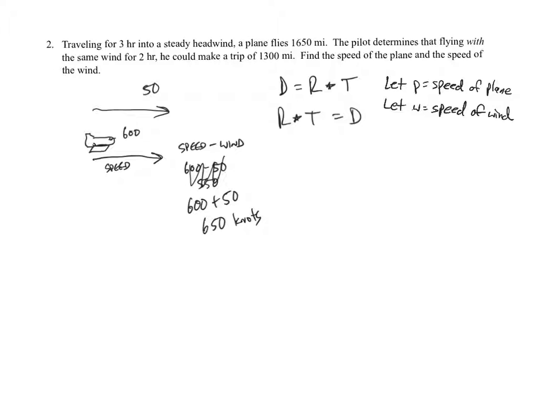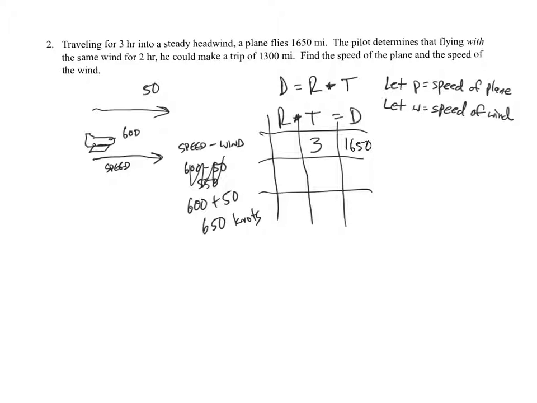So the way you would set this up is, rate times time equals distance, and we create our table. We travel for 3 hours into a steady headwind. So the plane flew for 3 hours, so under time it's 3, and the distance was 1650, all right?